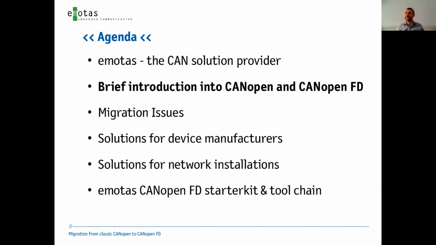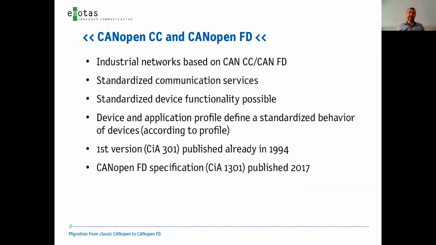I start with a brief introduction. Obviously, classical CANopen and CANopenFD are industrial networks based on classical CAN and CAN FD. They use classical CAN and CAN FD, and they provide standardized communication services in order to achieve a standardized way of communications between various devices.